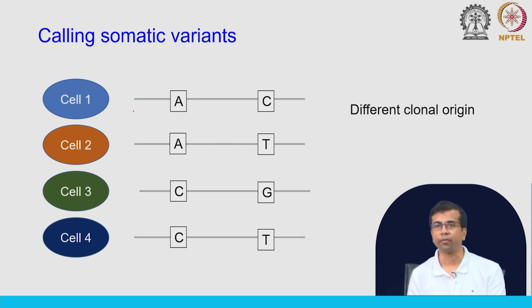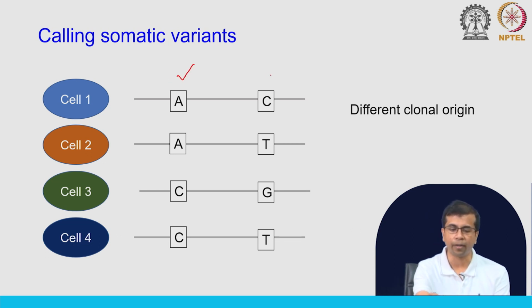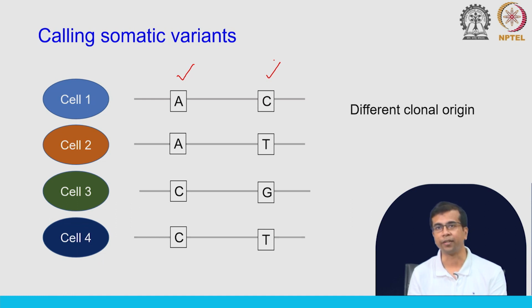If you consider these 4 cells, and they have different variants at certain positions, these variants will be called somatic variants. We are giving examples of 2 positions here, and in one position cell 1 and cell 2 have an A, which, compared to the reference sequence, is a change, and cell 3 and cell 4 show a C base.